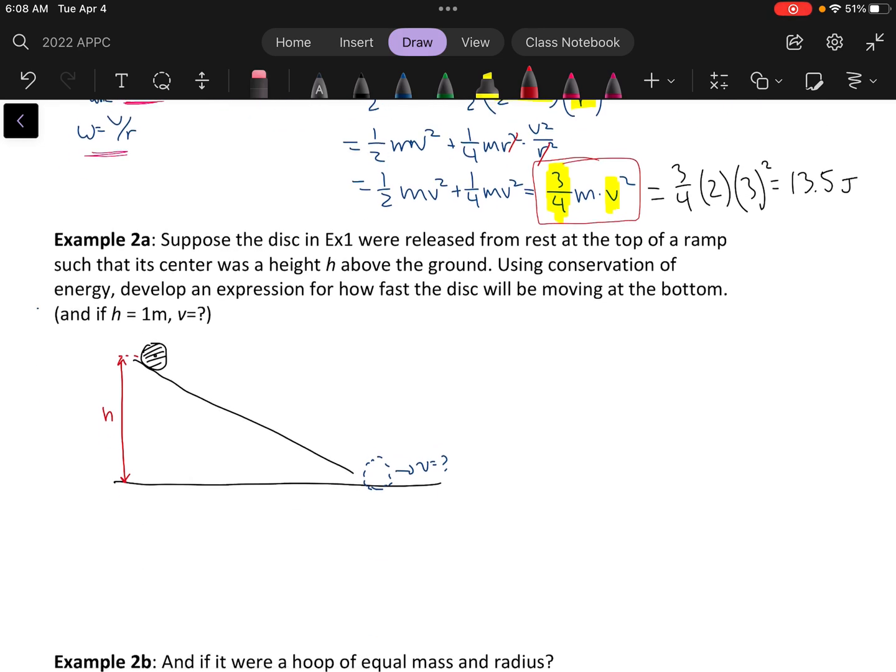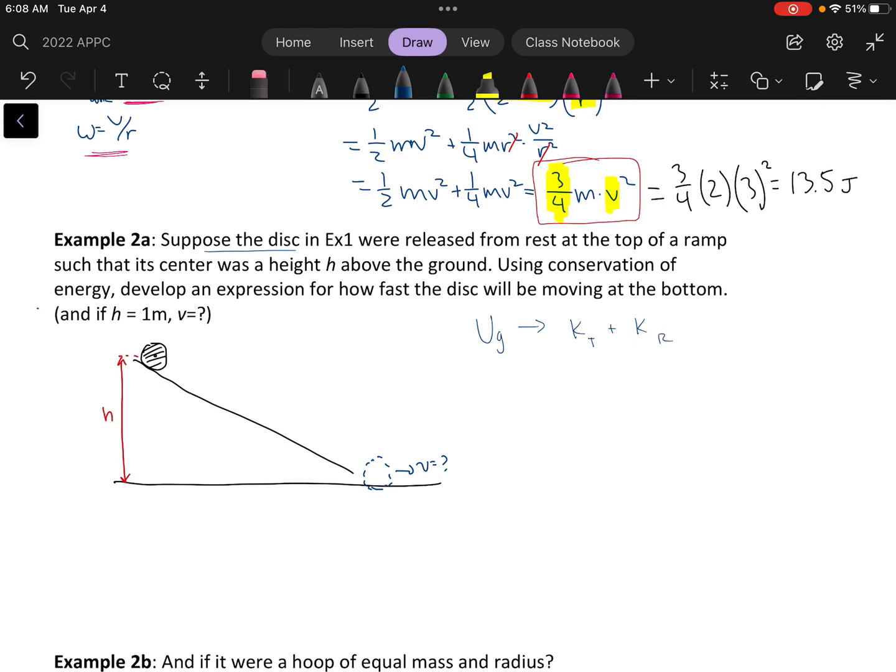It says, suppose the disk in example 1 were released from rest at the top of a ramp such that its center was a height h above the ground. Using conservation of energy, develop an expression for how fast the disk would be moving at the bottom. So at the upper point, we'd have gravitational potential energy, no kinetic because it's not moving yet, and then when it gets down to the bottom, it'll have velocity, it'll have rotation as well, and we'd have the kinetic translational plus the kinetic rotational.